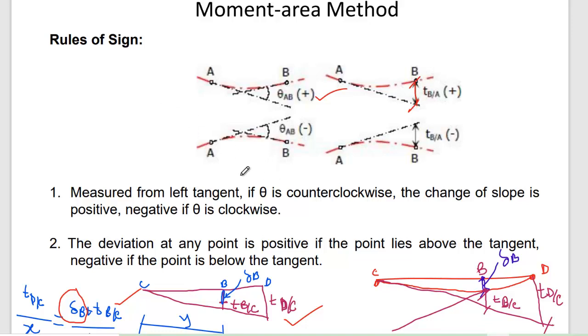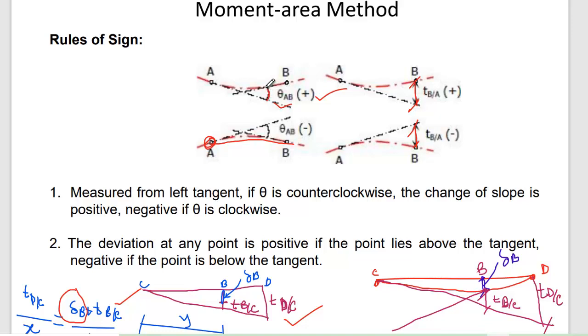But if you find beam is deflecting upward, if the deflection is above the neutral axis, so that time you consider this is negative slope and this is negative deflection. Okay, so measure from the left tangent. If theta is counterclockwise, the change of slope is positive. If clockwise, negative.